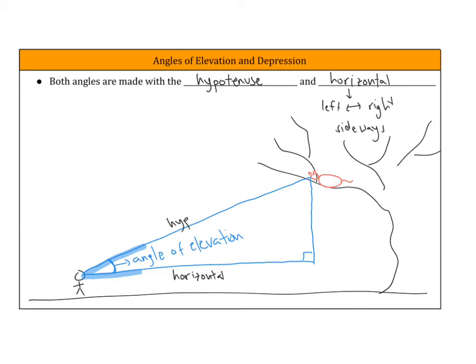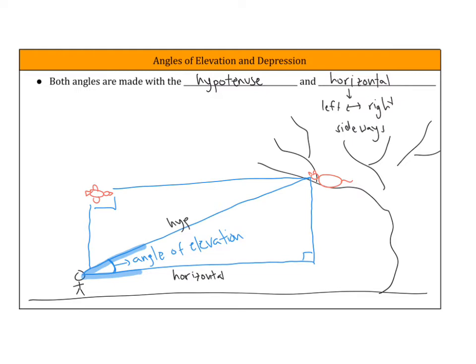So the angle of depression is formed here instead. Now let's suppose that the cat, after he finishes looking at the human, sees a bird. All right, so he's looking straight ahead at this bird, but the human can also look straight up and see the bird as well. So I can go ahead and draw a straight vertical line. Here is that right angle.